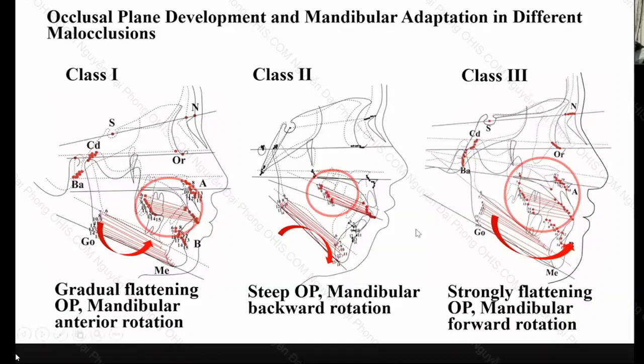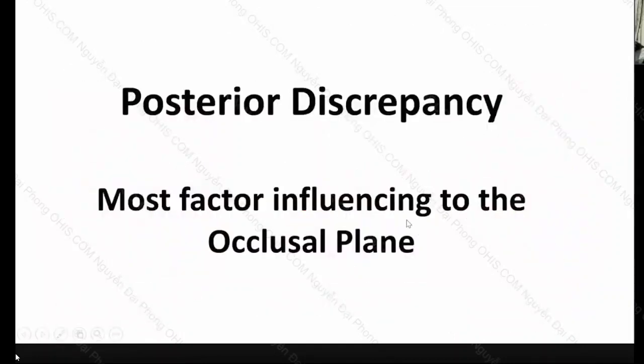And why is there so much flattening of the occlusal plane? I published a couple of papers. Of the factors influencing the occlusal plane alteration, I think one of the big problems is posterior discrepancy.